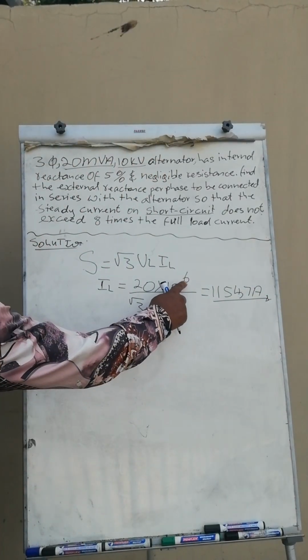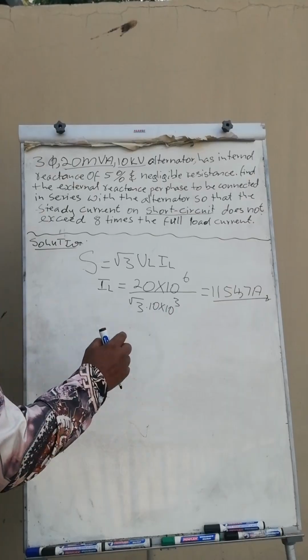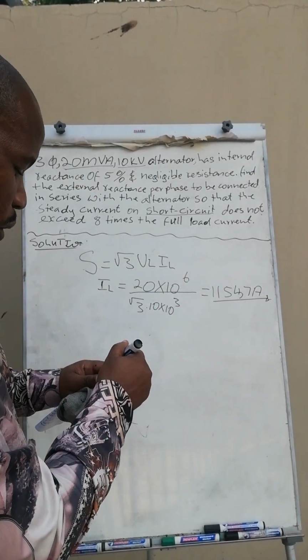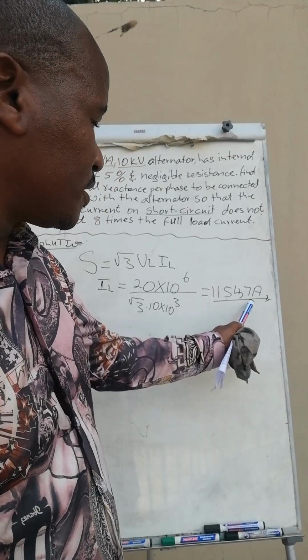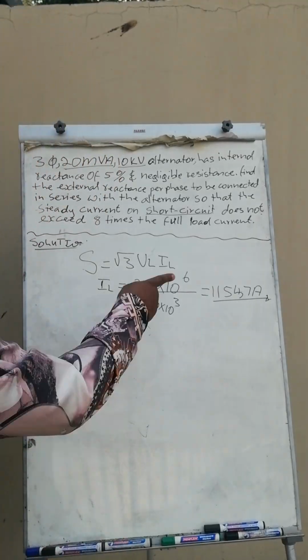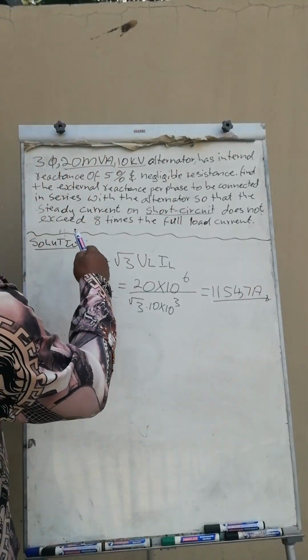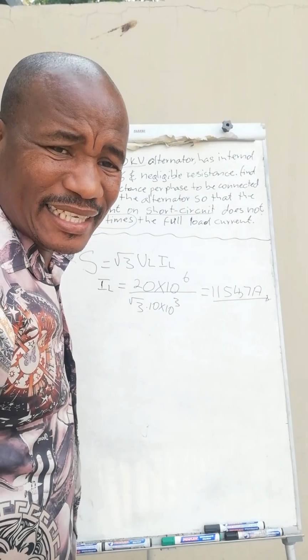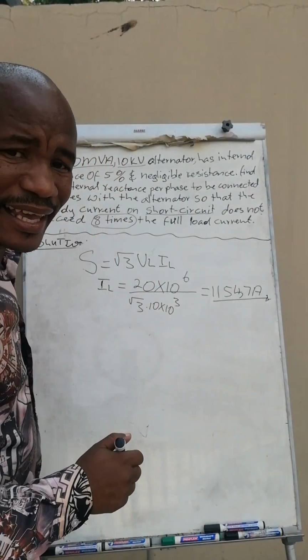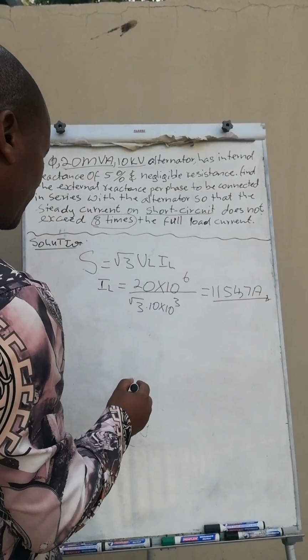Why? We converted the megavolt amps and kilovolts to basic units, so this must be in a basic unit, and that is amps. But if you read this statement carefully, you are told that the short circuit current should not exceed 8 times the full load current.